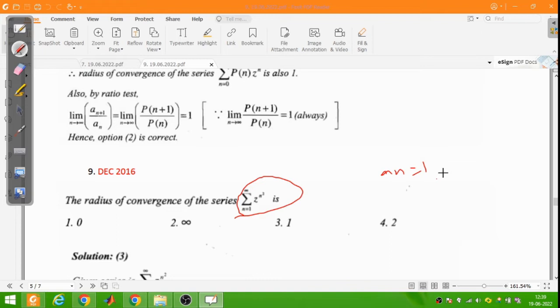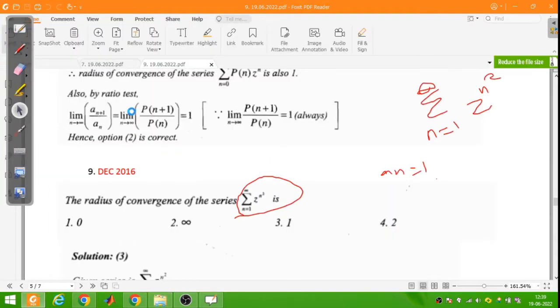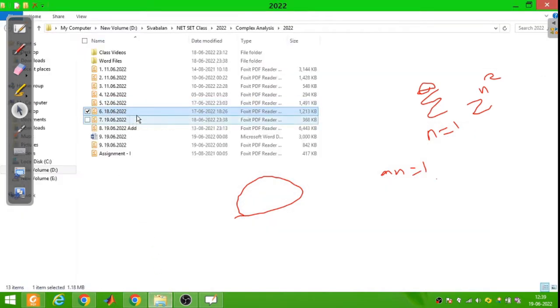Because your series is not in power series form. It is the sum from n equal to 1 to infinity of z power n squared. What definition have we studied?